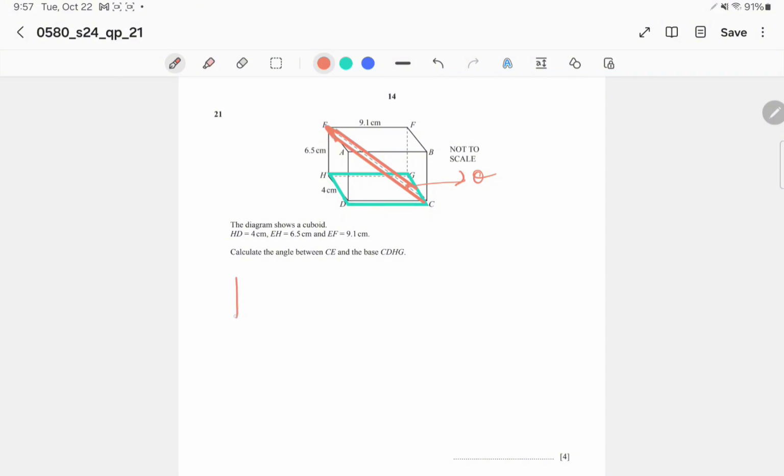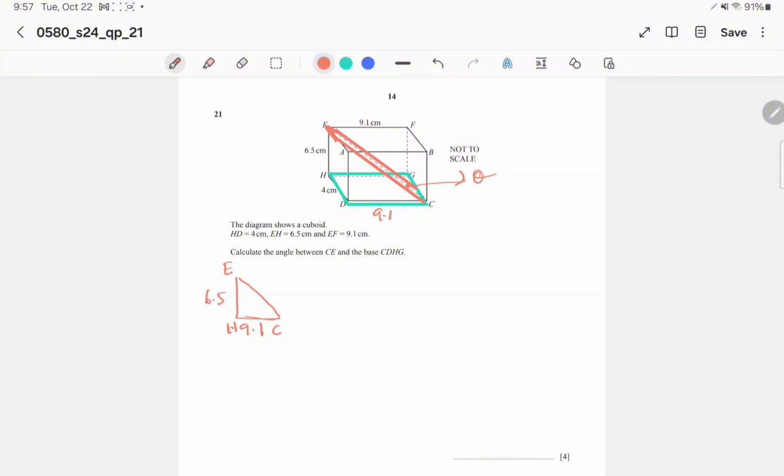This triangle is H, C and E. HE is 6.5, and this is 9.1.